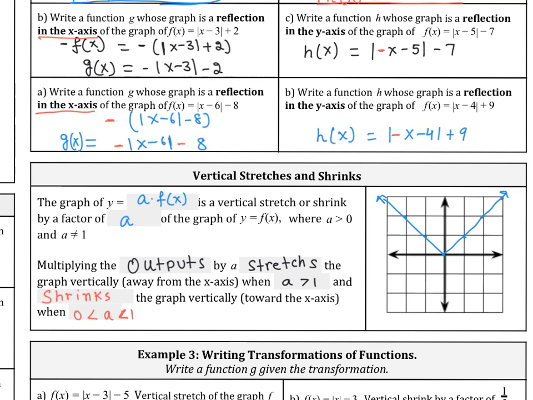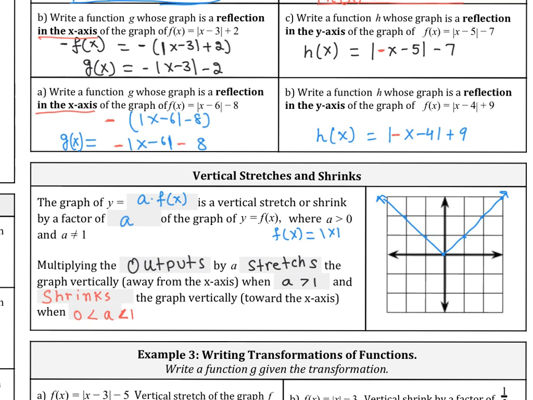I'm taking the parent function as f(x) = absolute value of x. The graph of this function is a V graph. It starts from (0, 0) and goes up 1 over 1, with points (0, 0), (1, 1), (2, 2), (3, 3), and so forth, and the same on the other side.